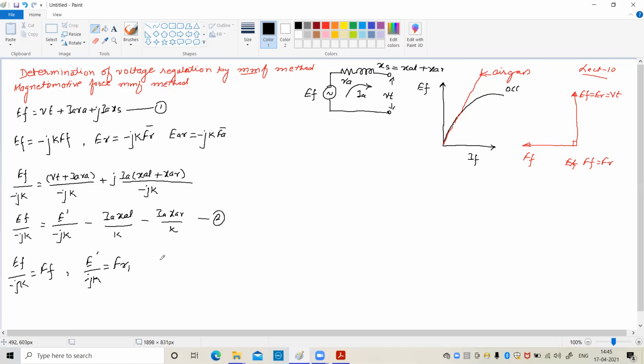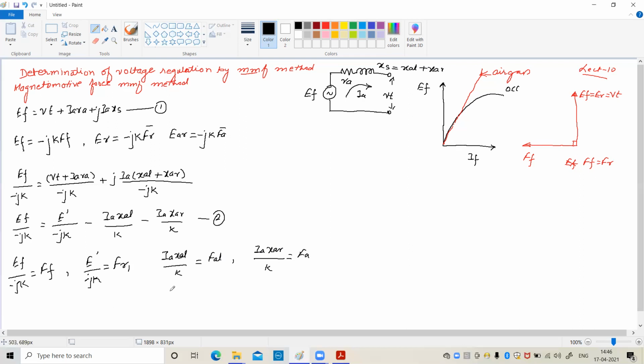Similarly, IAXAL divided by K is nothing but the MMF due to leakage flux, FAL, whereas IAXAR, the armature reaction reactance, has its equivalent MMF FA.